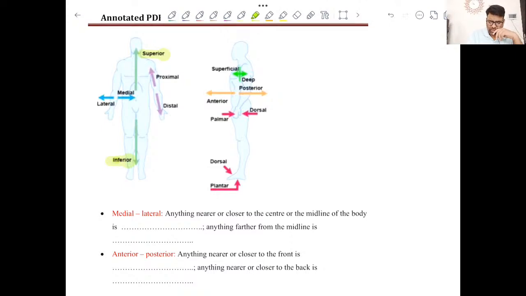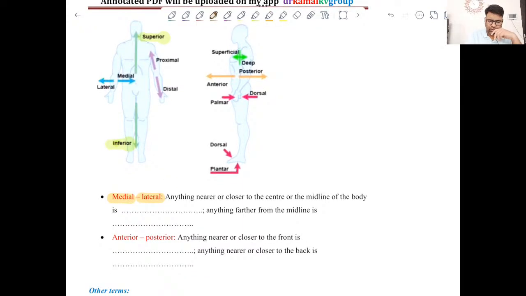Then another term is medial and lateral. Now, to understand medial or lateral, again you have to draw a line through the middle of the body. So this is, you can say, midline. Now anything which is closer to this midline is medial. Okay, so anything closer will be medial, and vice versa. So anything away from this midline will be lateral.